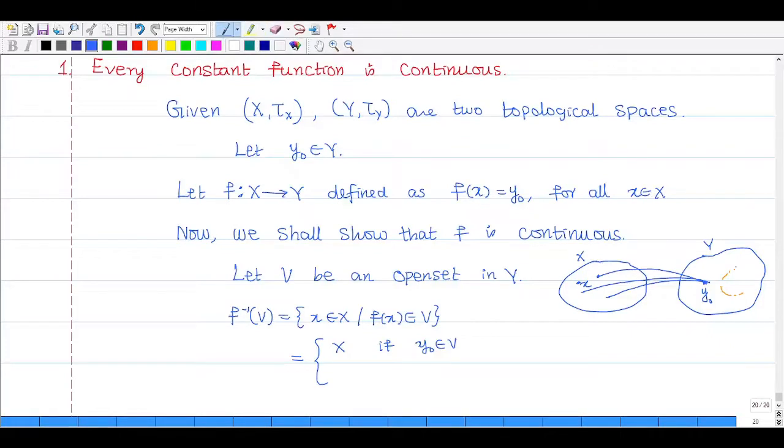Suppose y₀ is not in V. This is my V, but y₀ is not in it. Then the inverse image is empty.